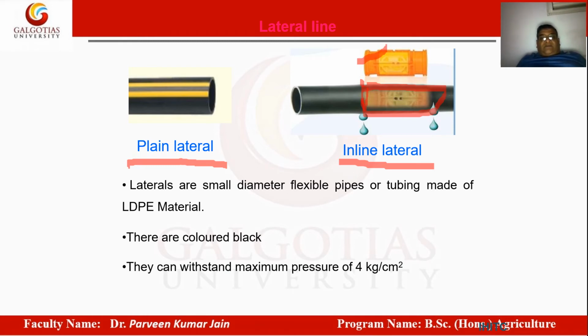These drippers are already company-fitted at different spacings, available at 20 centimeter, 30, 40, 60 centimeter, and at different discharge rates. So they are ordered, and accordingly the company supplies these drip lines, and they are especially used in polyhouses. The inline laterals are used.